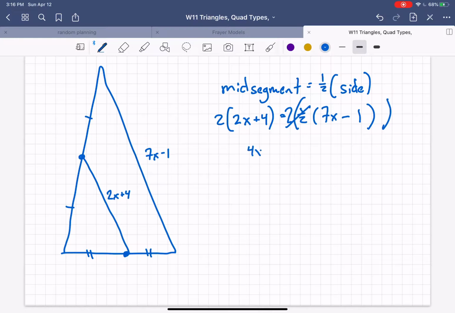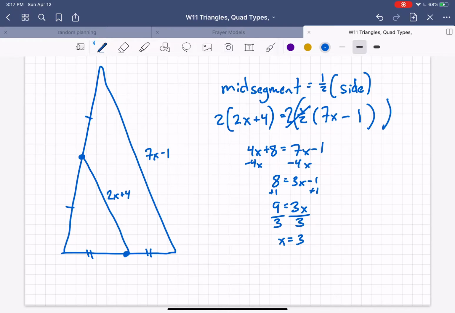So I'm going to get 4x plus 8 equals 7x minus 1. I'm going to combine like terms. And then I'm going to divide both sides by 3 to get x is equal to 3.